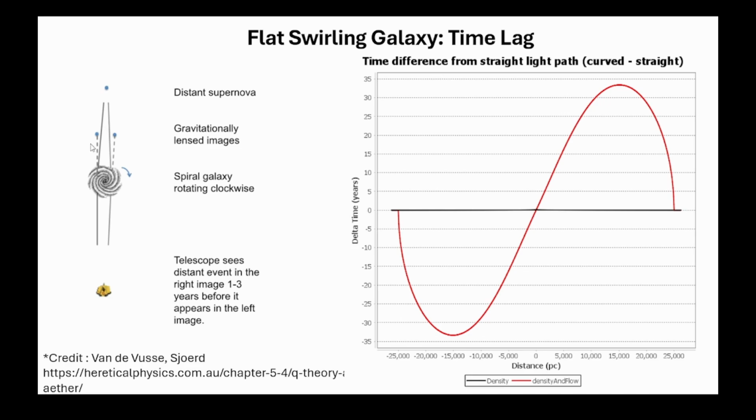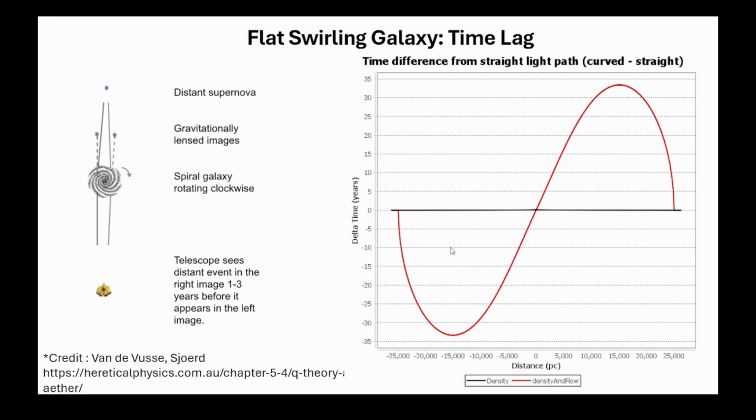And it also probably depends on what path it is through the galaxy. So, like I said, that's a big time difference for something that we would measure. And so probably one of the biggest things that we could look at to determine whether this medium is flowing in the way that I've been talking about or not. So, something to think about here.